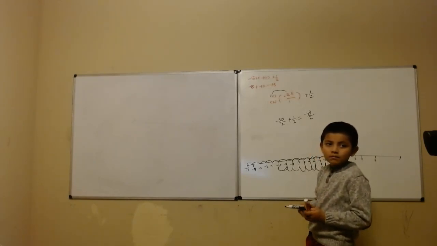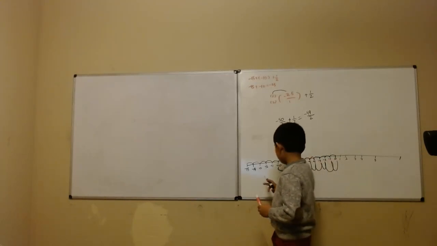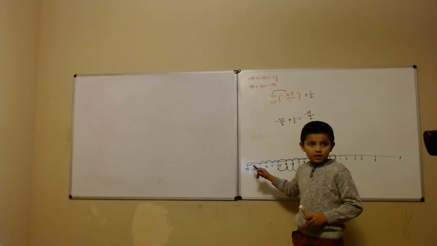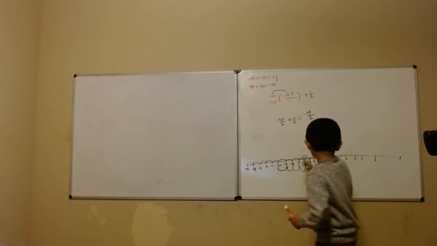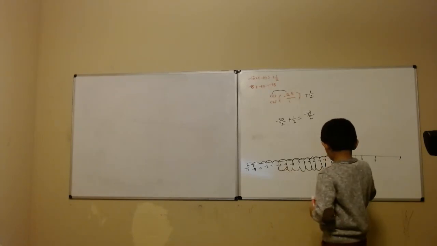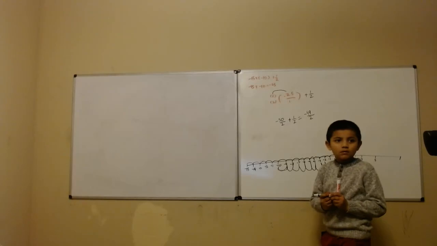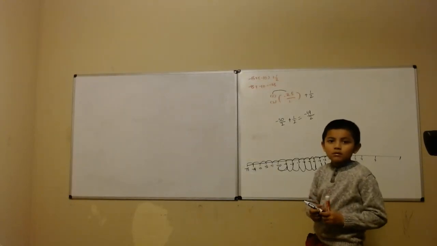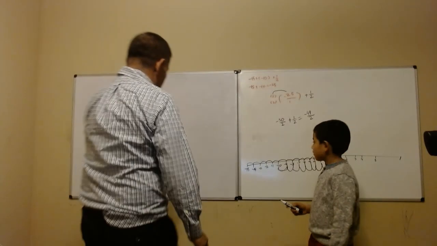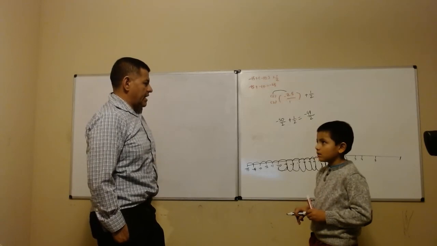Step by step. Start from 15 to 0, and then 10 to 0. How do I know that between these numbers is a unit? 1. Okay.